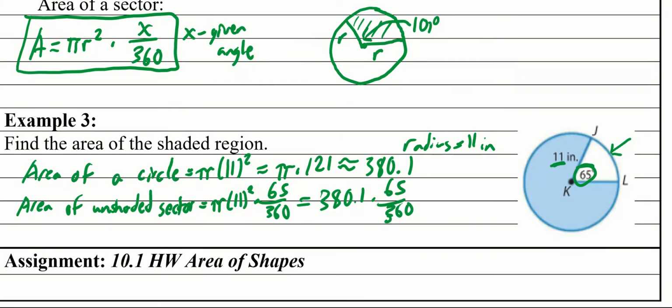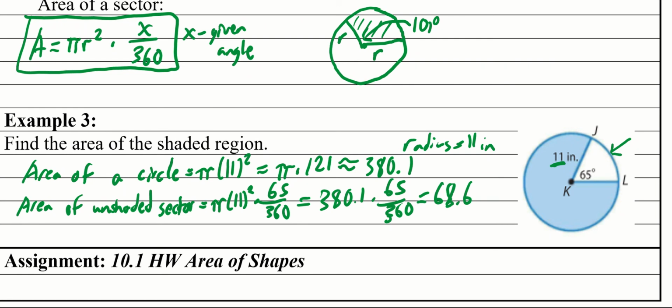And I'm going to round it off to a few decimal places to try to get as accurate as possible. So I'm going to multiply by 380.133. And that's going to give you about 68.6 if I round that off. So that's roughly a close estimate as to what the area of the unshaded region is.